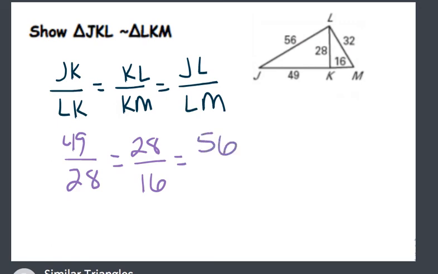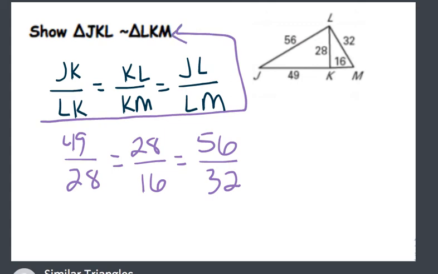And I wrote proportions with them, and now I'm just going to reduce those proportions. The first one will reduce to 7 over 4. The second one will reduce to 7 over 4, and so will the third one. So since they all reduce to 7 over 4, they are similar by side-side-side similarity.